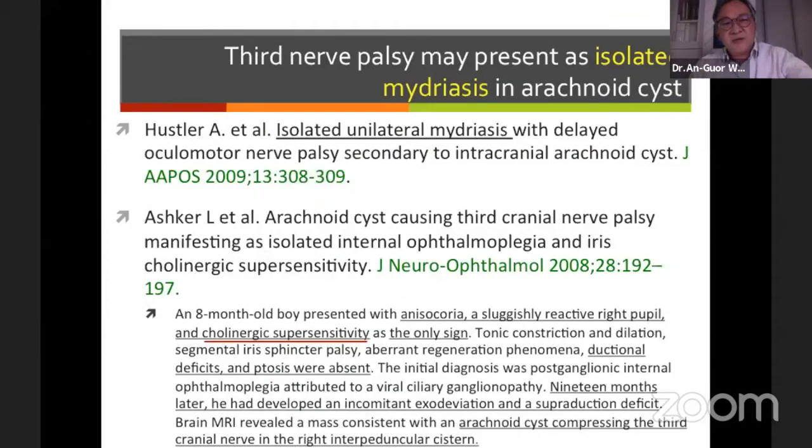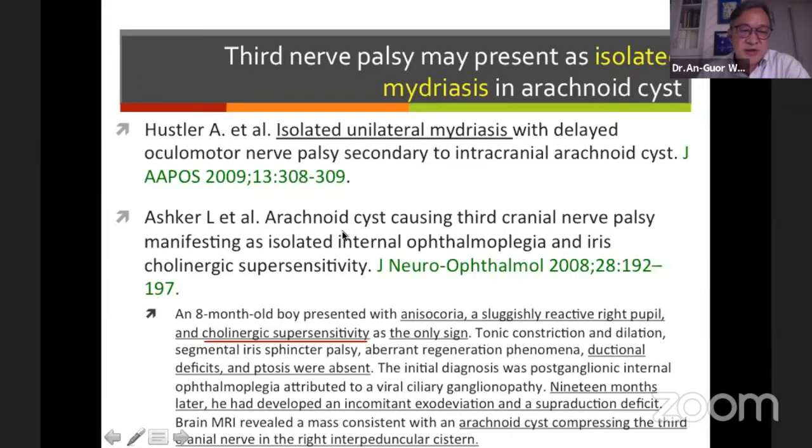So oculomotor palsy may present as an isolated mydriasis in arachnoid cyst. Dr. Hersher has reported isolated unilateral mydriasis with delayed onset oculomotor palsy secondary to an arachnoid cyst.